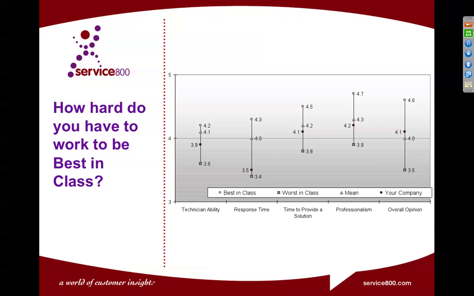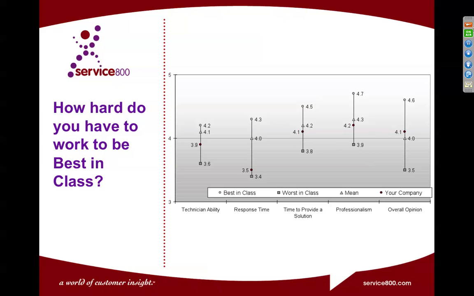It's also important to be thinking about, well, how hard do I have to work? How hard do I have to run to improve or to be better? This chart shows the range of customer satisfaction for those categories that I just mentioned. The barometer or the scale here, each one of those vertical slide lines, shows a best in class and a worst in class. So the top of those lines shows a 4.2 in the example of technical ability and a 3.6 at the bottom.